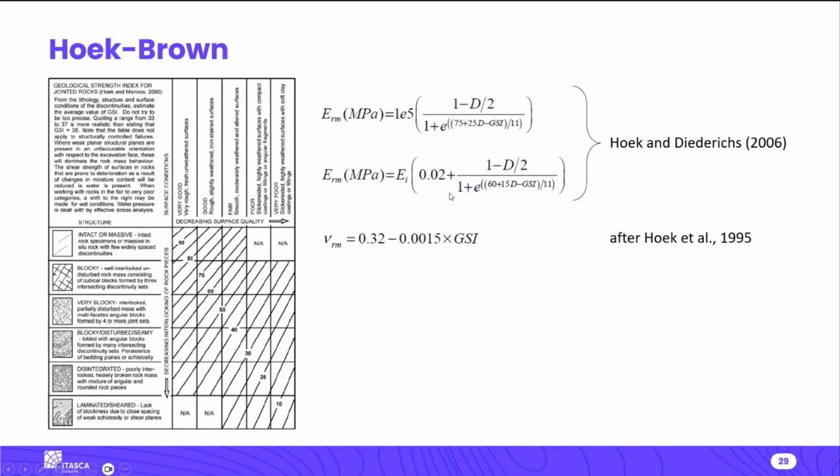This is come up with by fitting a bunch of curves to some actual data. Similarly, there's an equation for Poisson's ratio based on GSI. This is also empirical and should be used with caution because there is much less data available to nail down this equation. People definitely use this, but it's really not super robust.